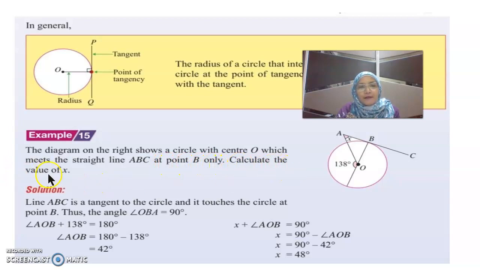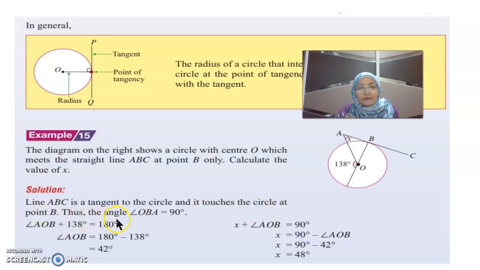Calculate the value of x. Solution. Line ABC is a tangent to the circle, and it touches the circle at point B.